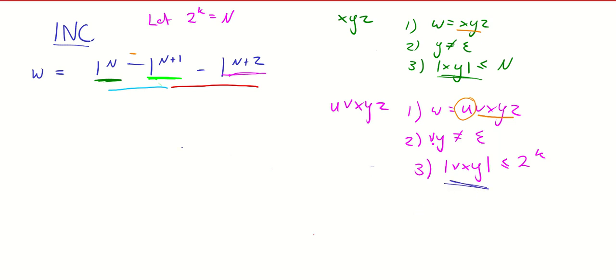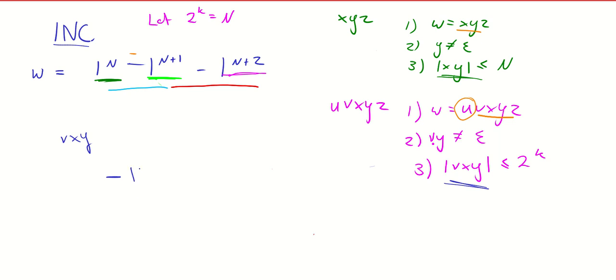Now, another consequence of this third rule is that if we were to max out our pumping, or if we were to max out what part of the word is getting pumped, so if we were to max out our vxy, while including a dash, the largest number of ones that we would be able to include would be what?